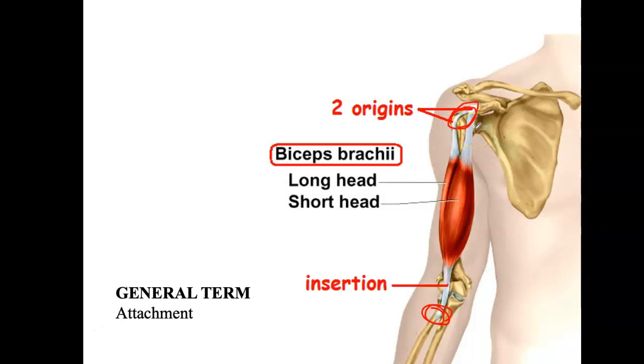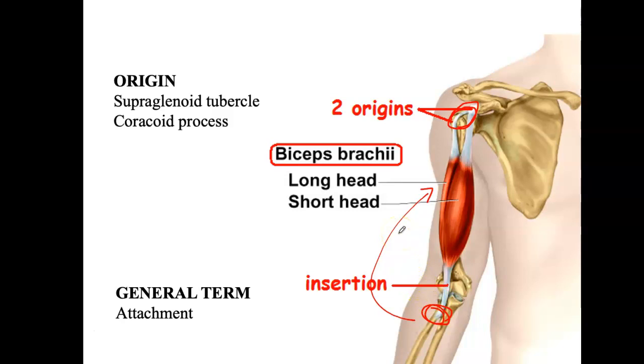Now see if it makes more sense to say that the insertion is more movable. That end is more movable, because when this muscle contracts, this is going to shoot up that way, and you're going to bring your hand up towards your ear. So this part is more movable. And what's happening at your shoulder when you bring your palm towards your ear? Well, not a whole lot. So this is less movable and more proximal. And this is more movable and more distal.